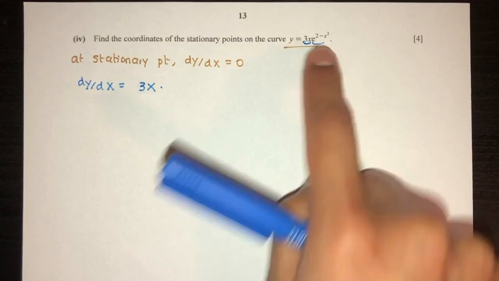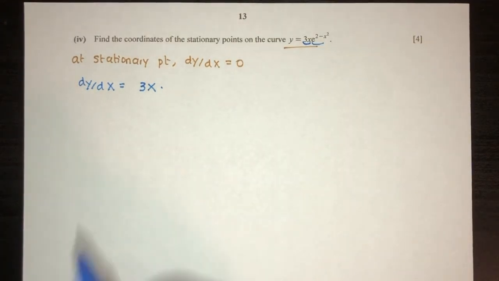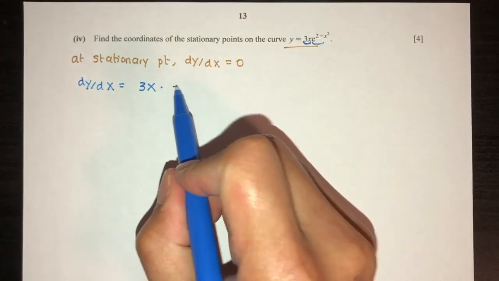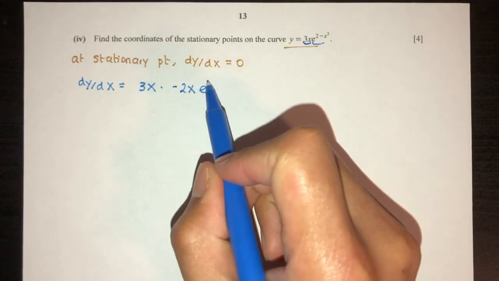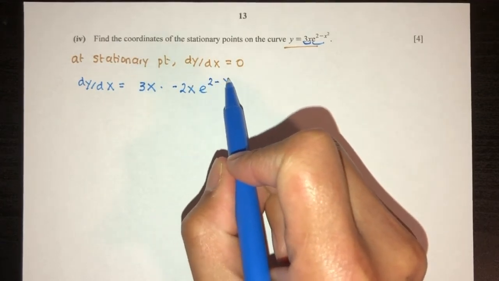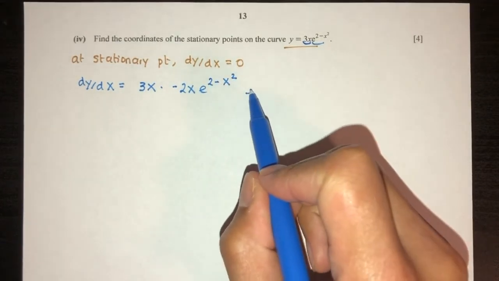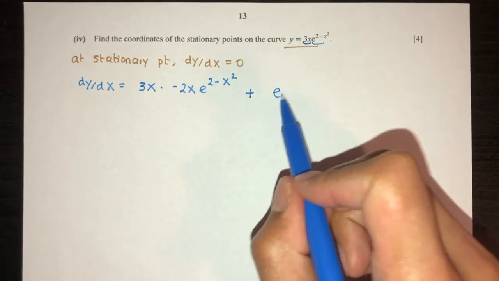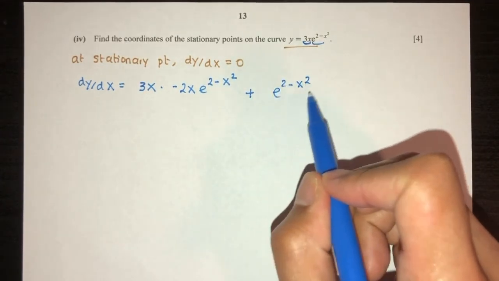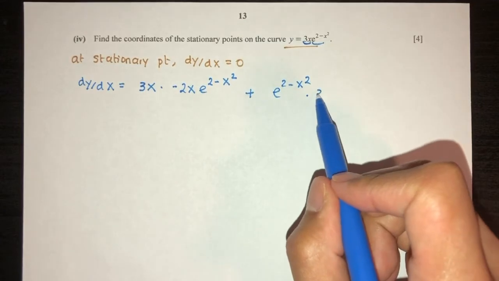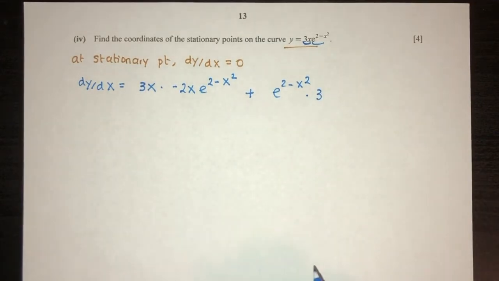This we know already from the first part of this question. It will be equal to minus 2x exponential 2 minus x squared, then plus the second function as it is, times d by dx of the first function, that is 3. Now we have to simplify.